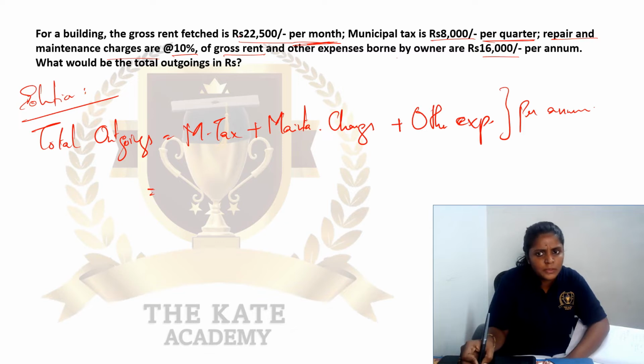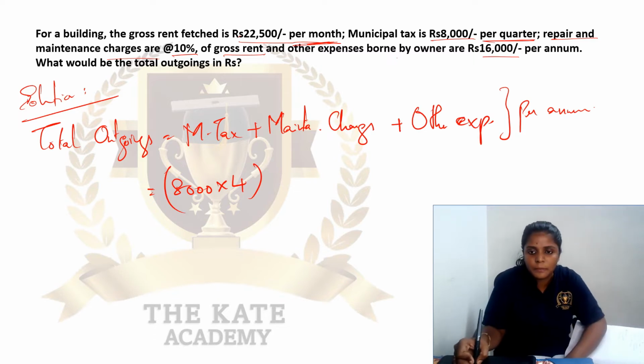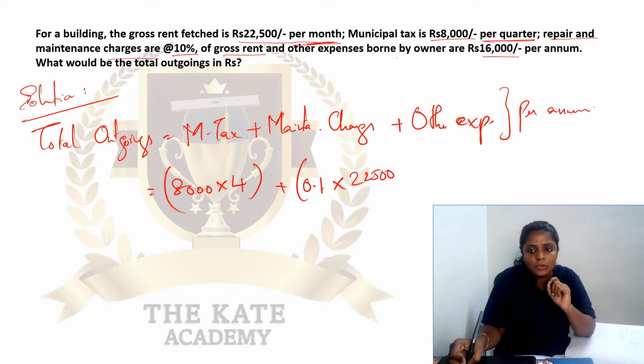So what is the municipal tax? Rupees 8,000 into 4, because 4 quarters are there in a year. And your maintenance charges, that is 0.10 of the gross rent. So that is 0.1 into 22,500, which is a month's rent, into 12.